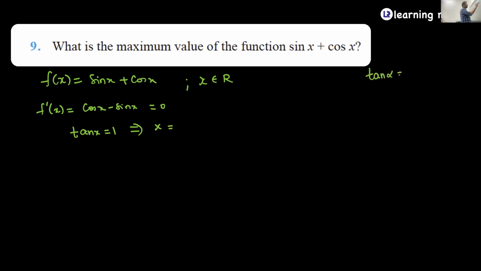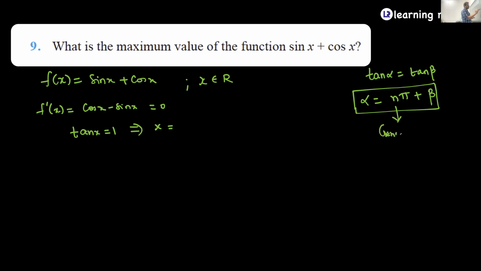If you have tan alpha is equal to tan beta, then alpha is written as n pi plus beta. This is called the general solution for tan alpha is equal to tan of something.